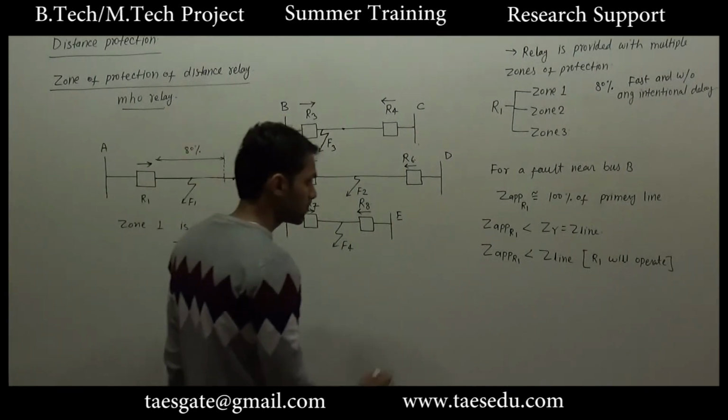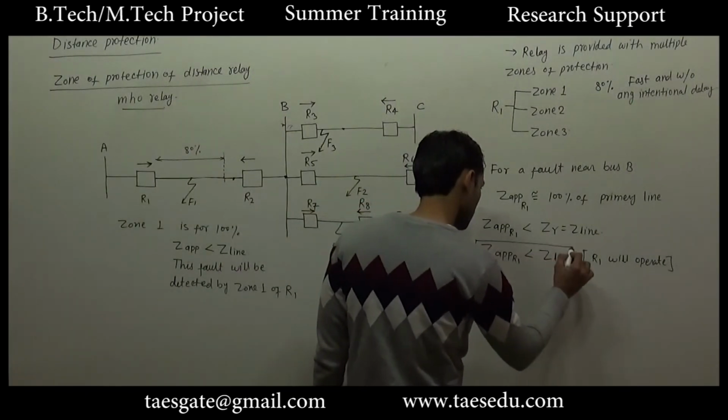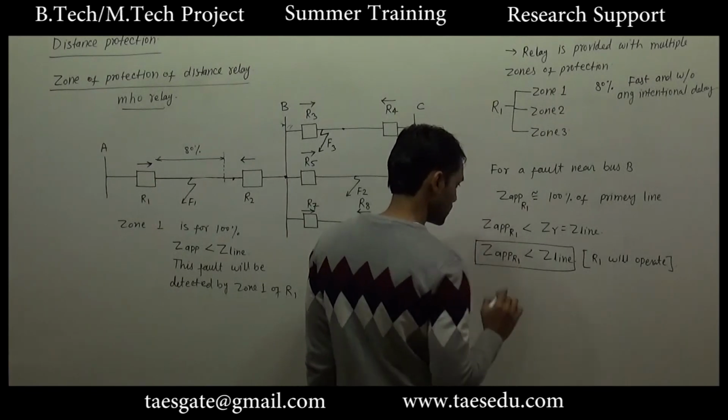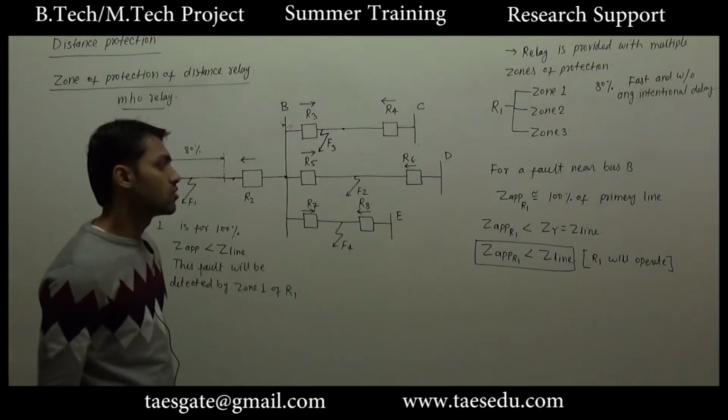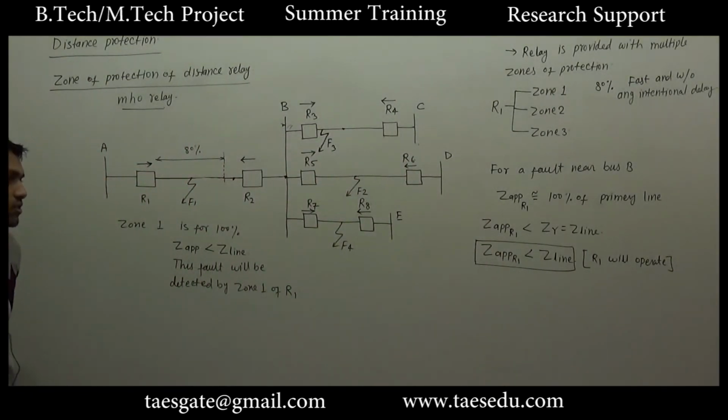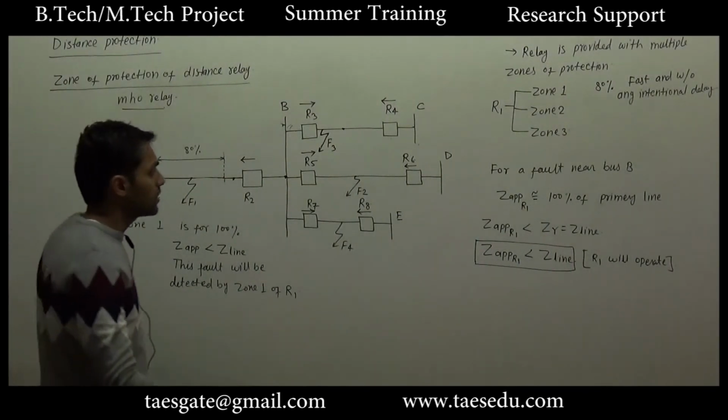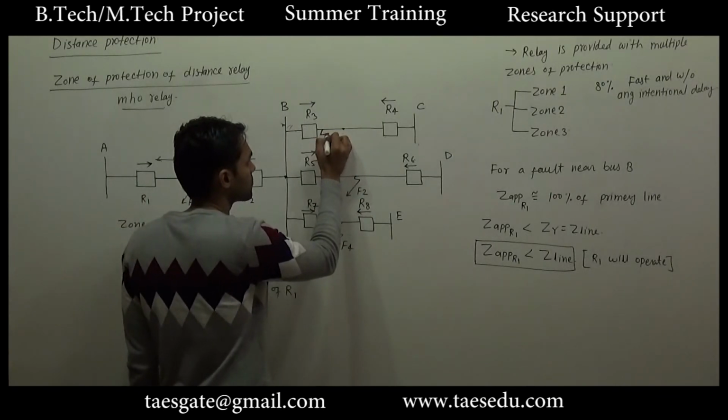Okay, so this is the condition for the operation of zone 1 protection of relay 1. Now again come back to this fault.